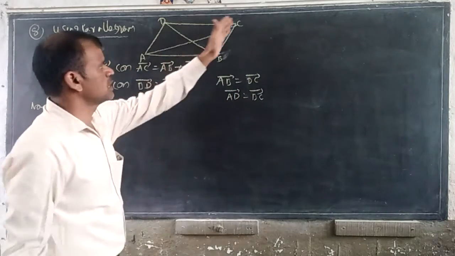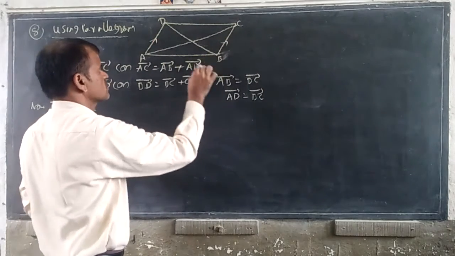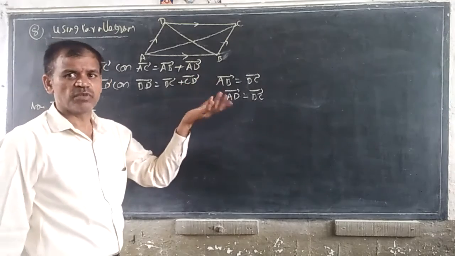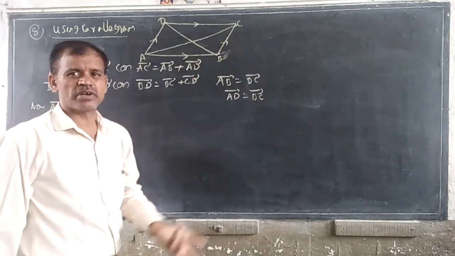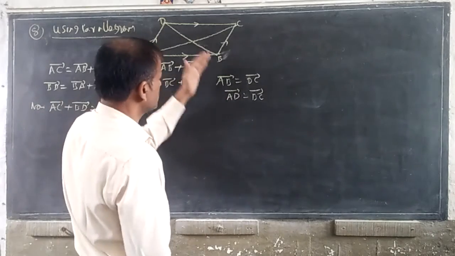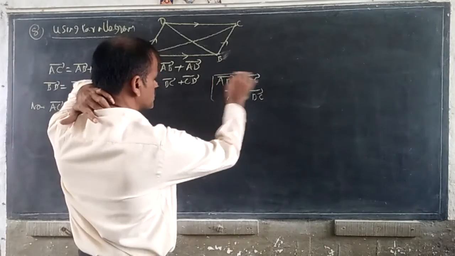You should not say AD is equal to CB because it is a vector; direction is most important in vectors. AB is equal to DC, not CD. If it is in 2B geometry, you can say CD, AB equal because it is magnitude, but in vectors, direction is most important. AB equal to DC.